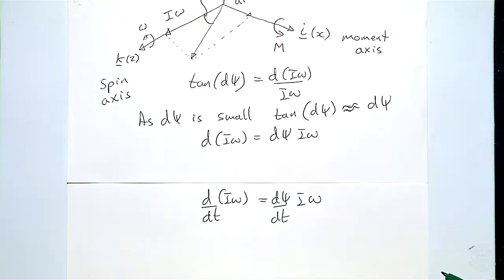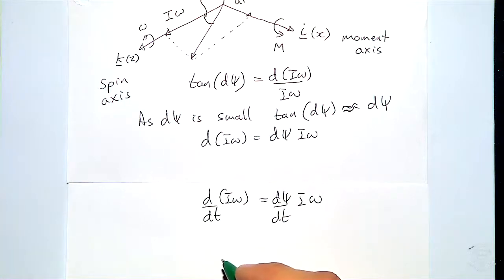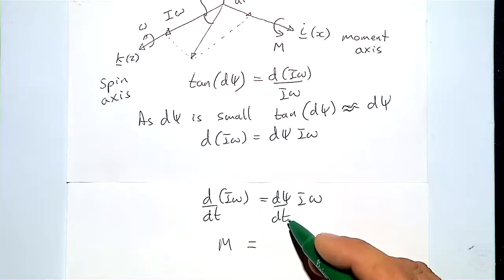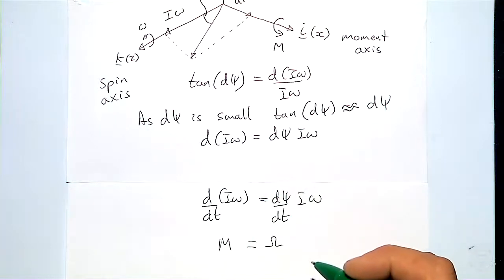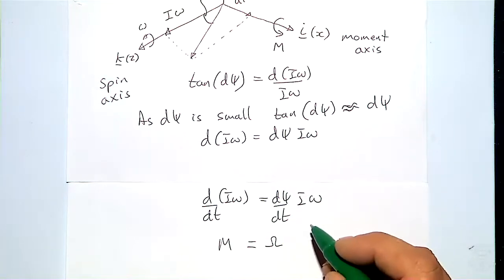Well, this left-hand side is equal to the moment, so this is the derivative of the thing we started with, which is the angular momentum. So we end up with M is equal to d psi by dt, that's the precession, the rate of precession, large omega. And then we have I omega.